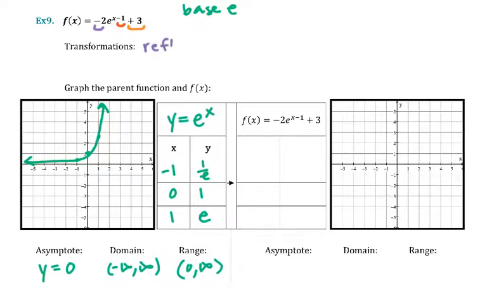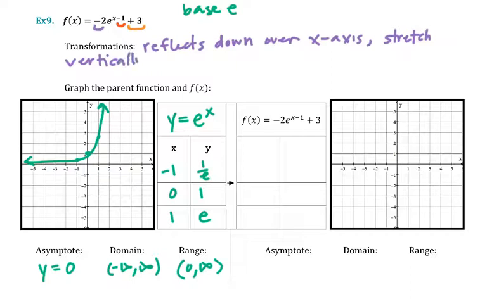So we'll say that it reflects down over the x-axis, and it's going to stretch vertically by a factor of 2. So the 2 caused it to stretch, the negative caused the reflection. So when we're multiplying, if we multiply by a negative, there's going to be a reflection.